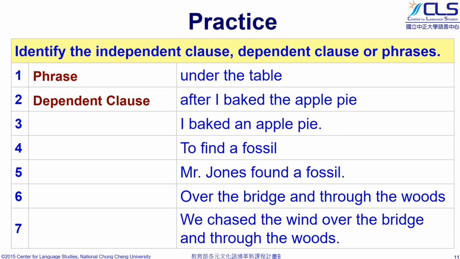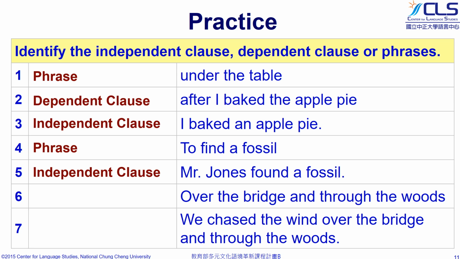Number 3 has a clear subject and a verb, and it tells a complete meaning of the sentence, so it's an independent clause. Number 4 is a phrase, since there's no subject and no verb. Number 5 has a subject and a verb, and we know it is telling the fact that a fossil was found by Mr. Jones, so it should be an independent clause.